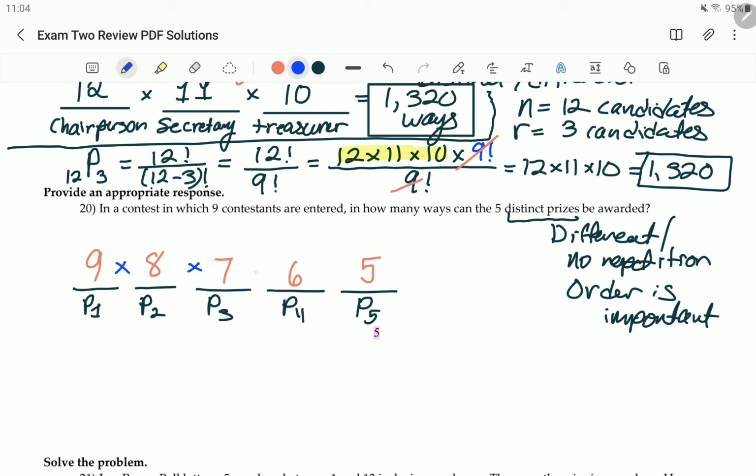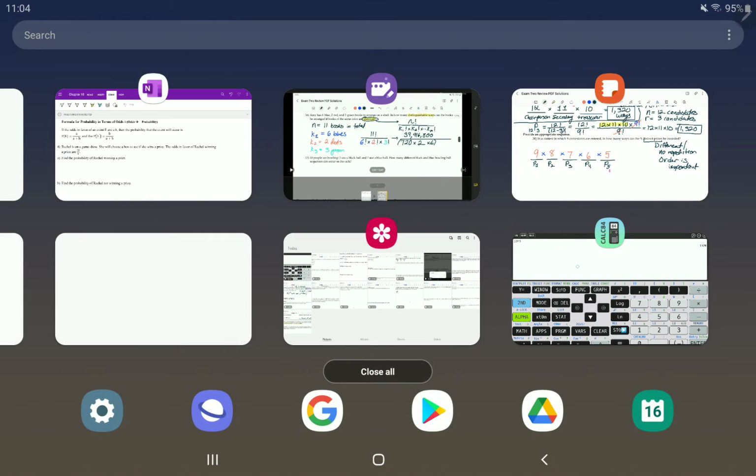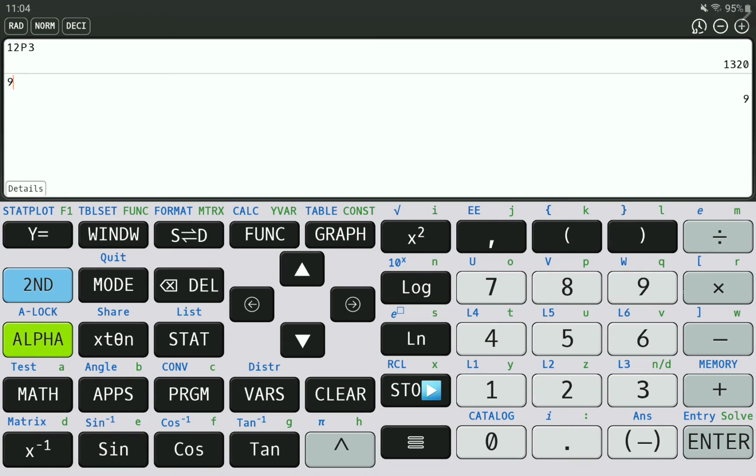And let's multiply. 9 times 8 times 7 times 6 times 5. That is 15,120 ways.